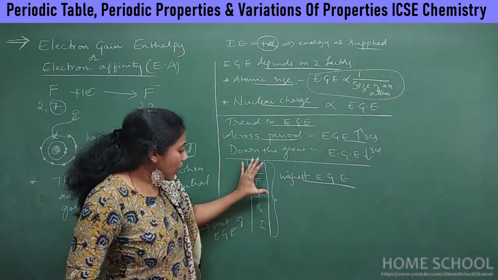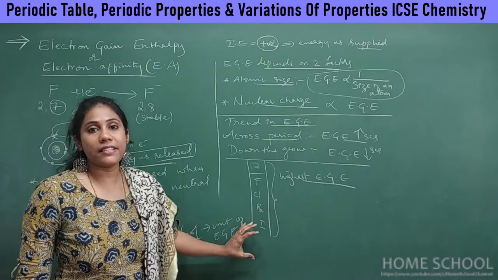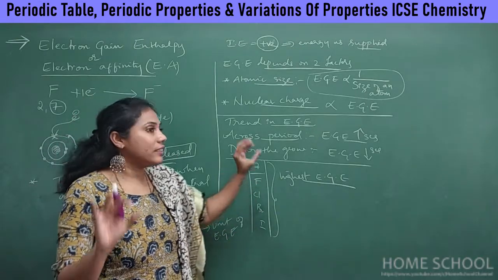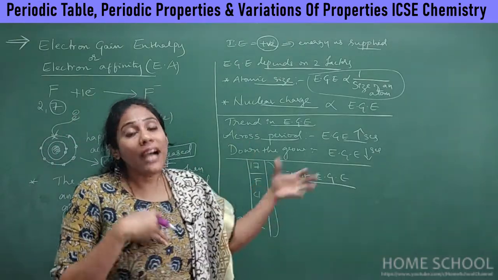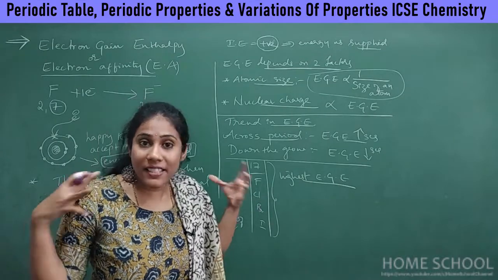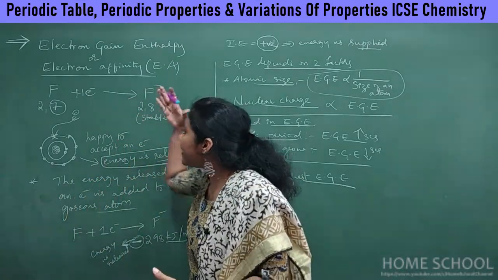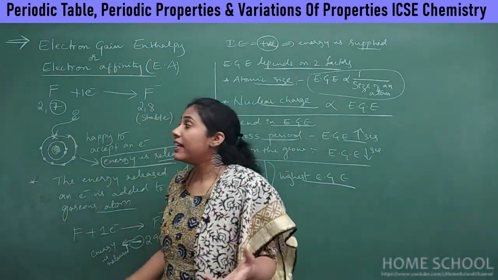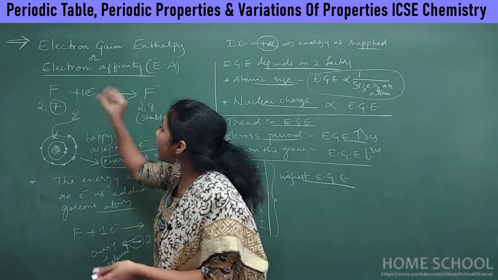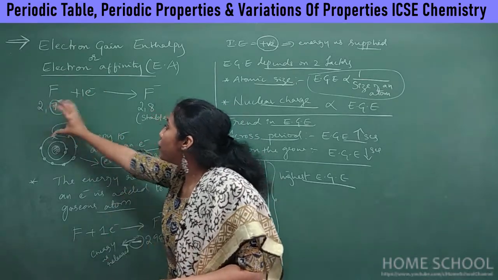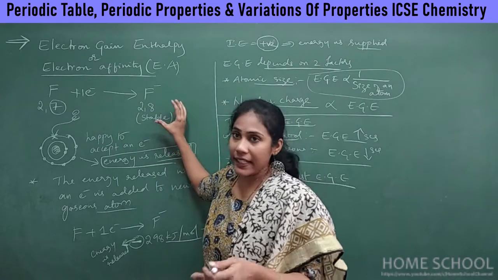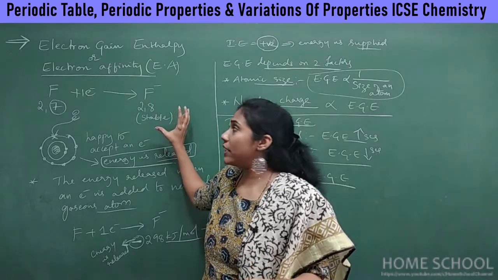Because they are smallest in size and they have a nice ability to accept an electron, and the accepted electron will happily stay in the outermost shell, and that electron is very much necessary for fluorine to complete its octet, I mean to achieve stable electronic configuration.